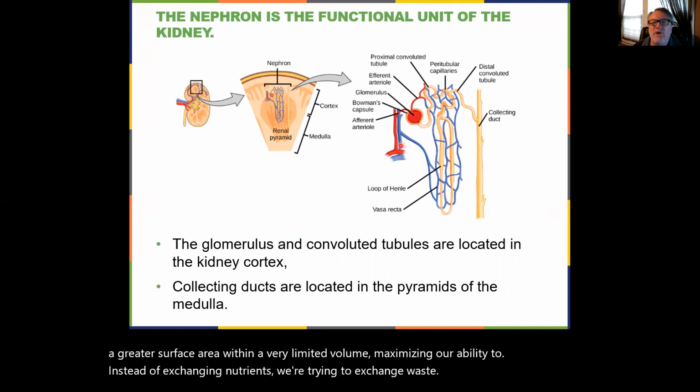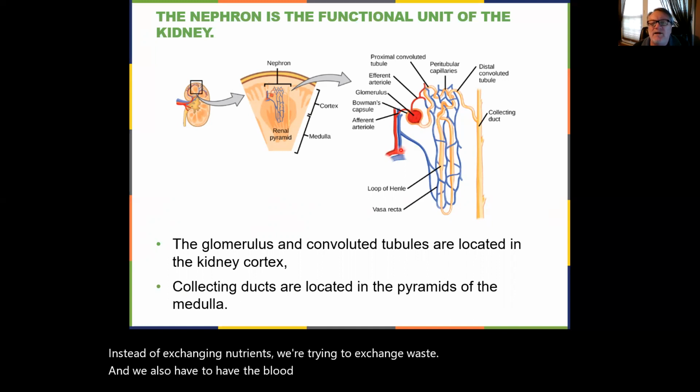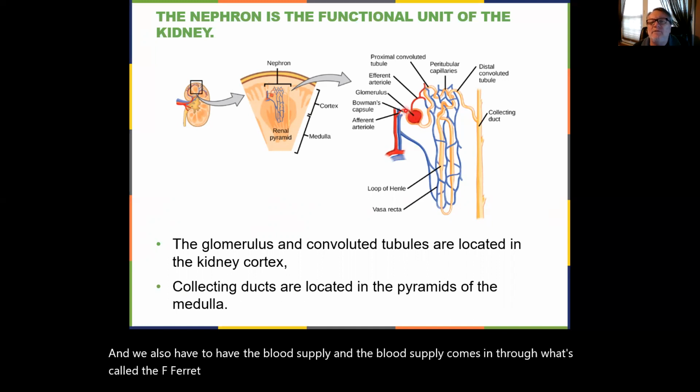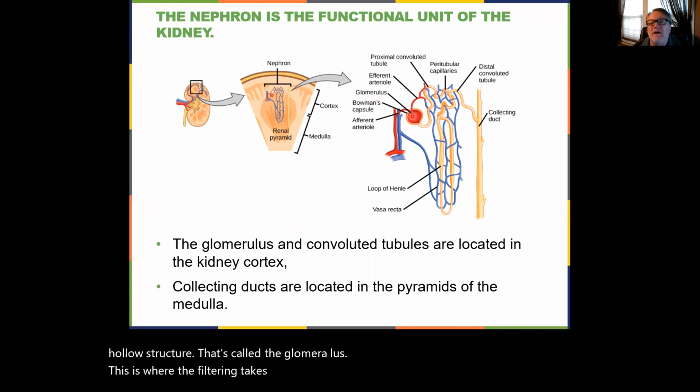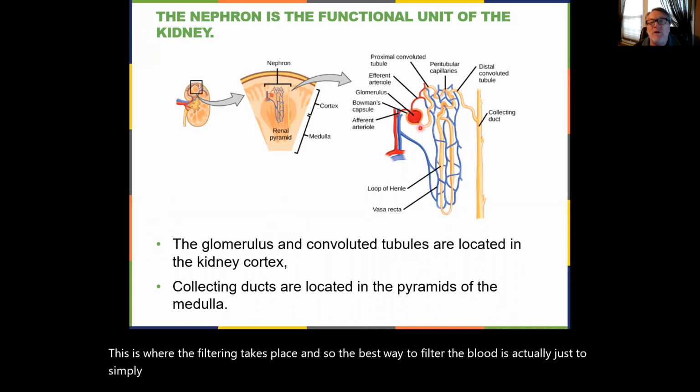And we also have to have the blood supply, and the blood supply comes in through what's called the afferent arteriole and delivers blood to a capillary bed that exists inside this kind of hollow structure that's called the glomerulus. This is where the filtering takes place. And so the best way to filter the blood is actually just to simply remove pretty much everything. So these capillaries in here have a very, very loose structure.